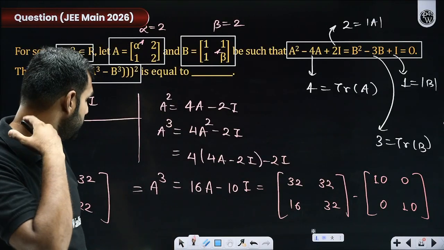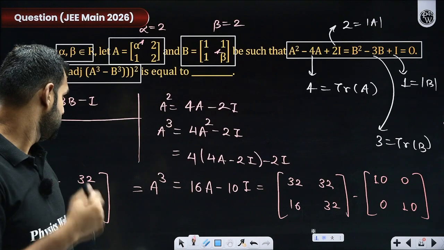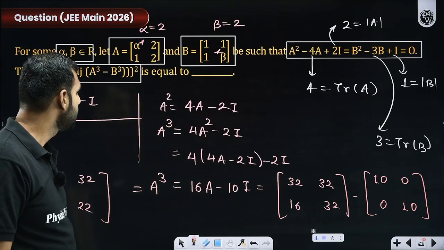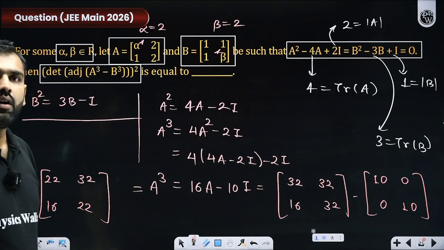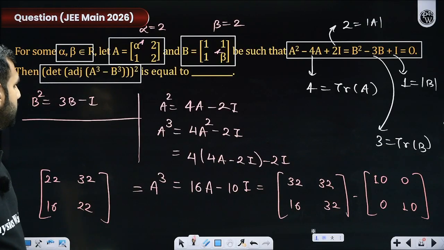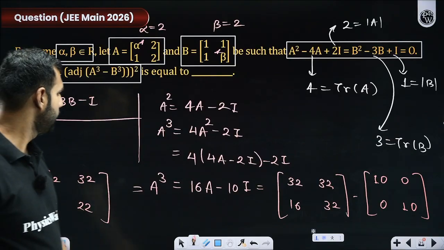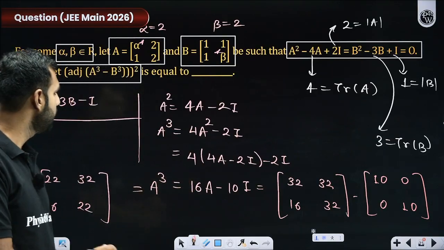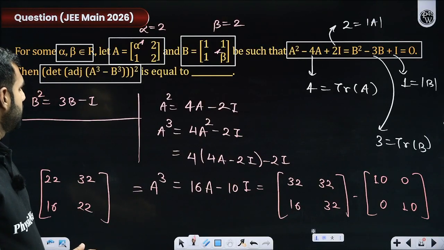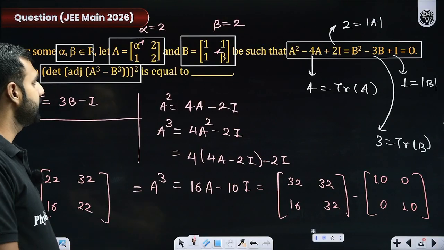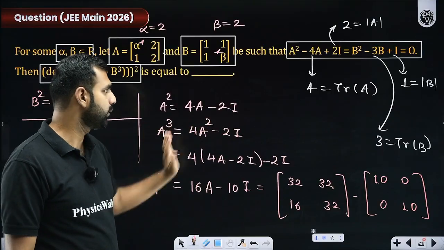Sir, it's 14a. Harini is saying 14a. What is 14a? Where did I make a mistake? 4 into 4, 16a. Why will it be 14a? I will rewrite it. We were given a square as 4a minus 2i.